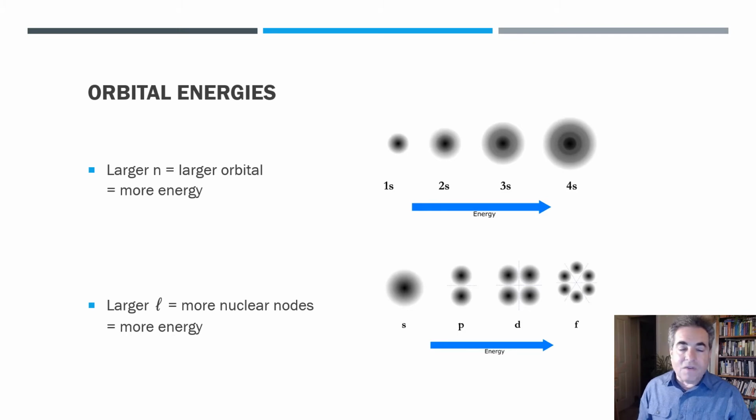So you can look at the n value and decide right away which orbital has a higher energy, you would think. And then you can go and look at the L value. That tells you how many nodes go through the nucleus. We just went through how L relates to those things, but if you've got a higher L value, you have more nuclear nodes, so the electron can't get close to the nucleus, so you have a higher energy.